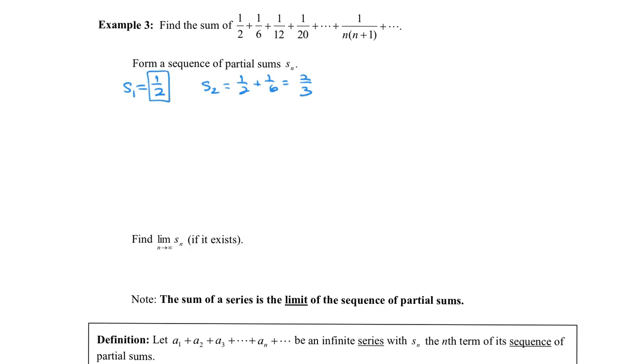So we got 1/2 for the first term. Add up the first 2 terms, and we'll get S sub 2, which is 2/3. Now S sub 3 would be the sum of the first 3 terms, which is 1/2 plus 1/6 plus 1/12. And when you get common denominators and add all those together and simplify, you get 3/4.